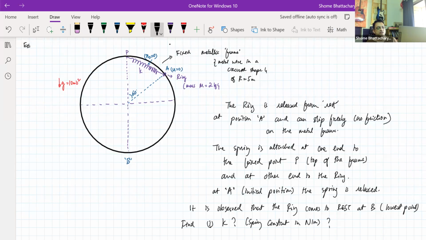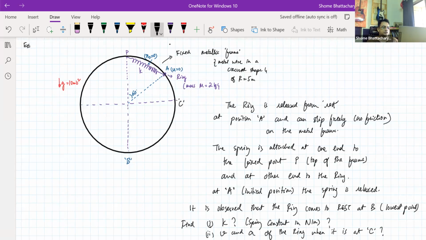The mass of the ring is given to you, acceleration due to gravity is given to you and all that. Also, if this position here is C, then we also want to find the speed and acceleration of the ring when it is at C.